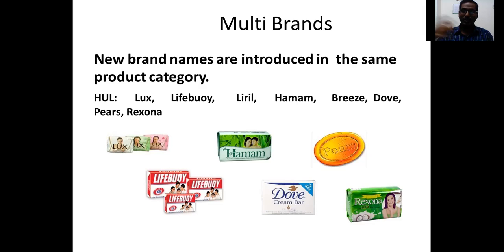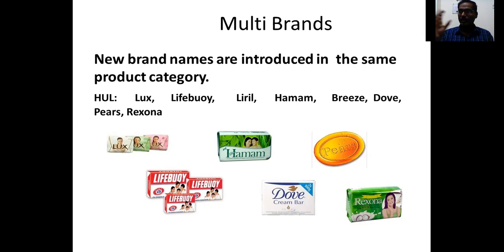Someone looking for a soap which gives shine to the skin can go for Pears. And if someone says the soap should give a good smell, then they go for Lux. So the product is a single product, soap, but the expectations of different people are different.